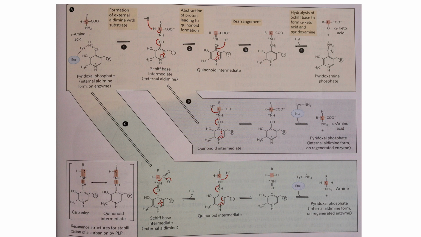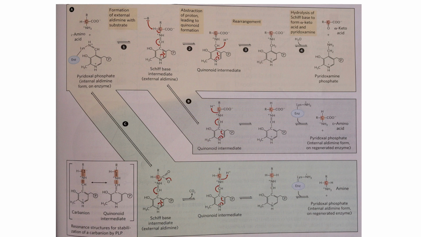This double bond is shifted over to this point with the proton leaving, with the base picking this up. This leads to a quinoid formation right here. This is a quinoid intermediate, and the electron pair picks up a proton here. You get this rearrangement of the bond at this point, with the double bonds remaining here. Then the Schiff base is hydrolyzed right here, and it forms a keto acid from the original amino acid. This is a transformation that occurs, and you get a release of pyridoxamine phosphate.